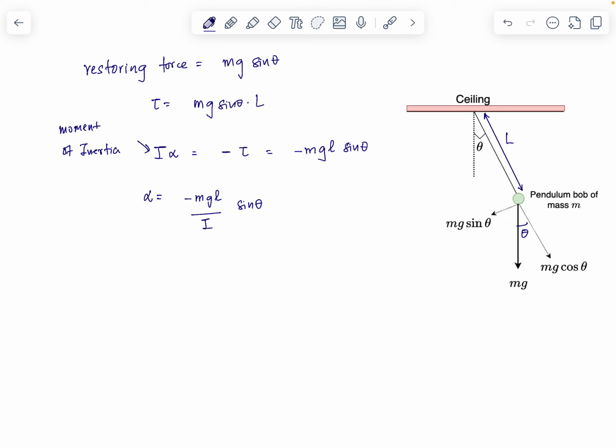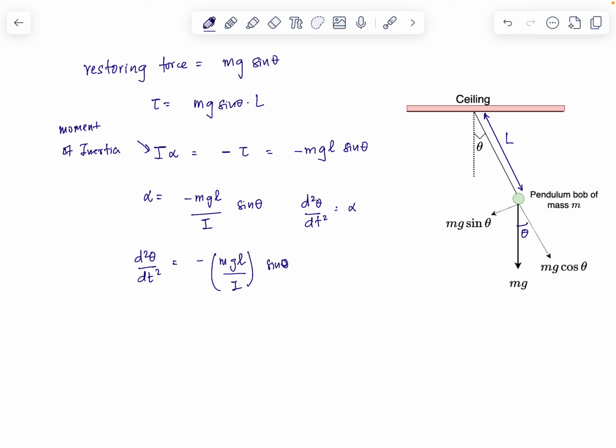Alpha can be written as d2 theta divided by dt squared. So we can write d2 theta divided by dt squared equals minus mgL divided by I times sine theta.